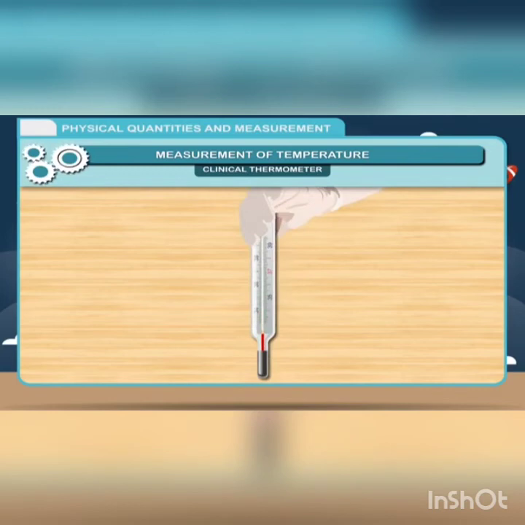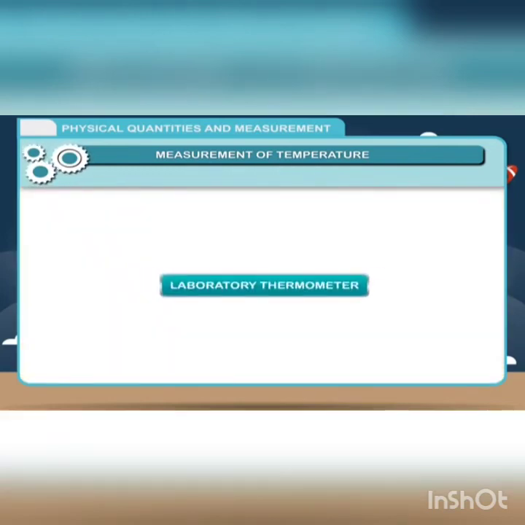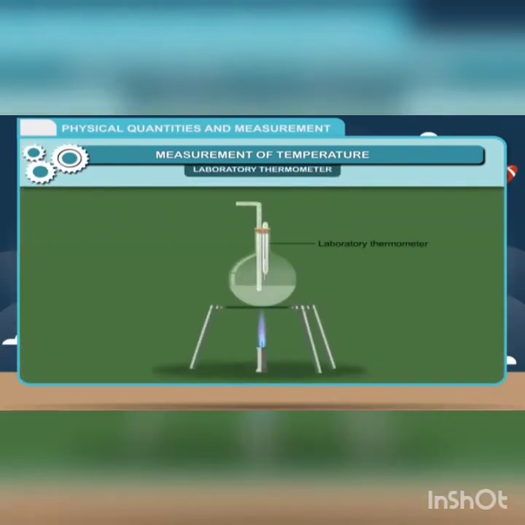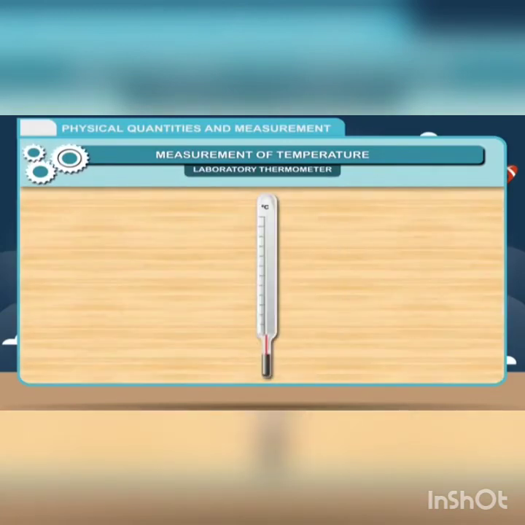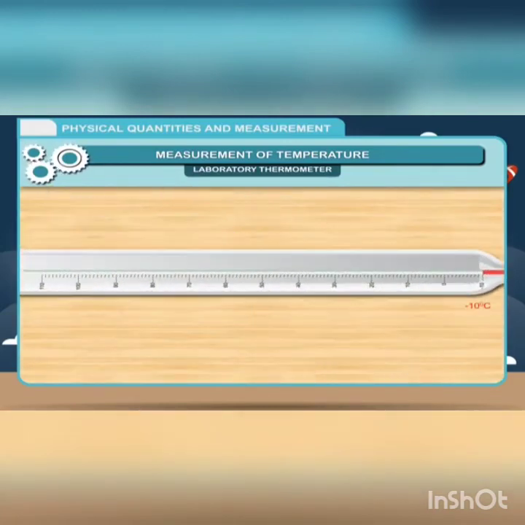Laboratory thermometer. A laboratory thermometer is used to measure temperature in the laboratories during various experiments. Generally, it is graduated from -10 degrees Celsius to 110 degrees Celsius.